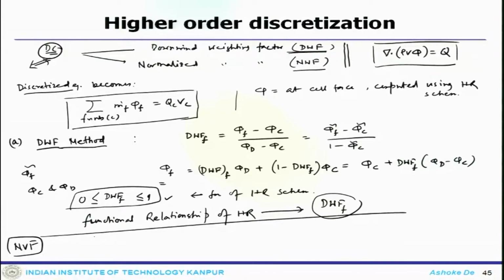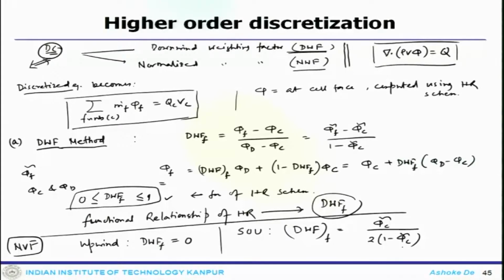Here, we first look at the upwind scheme. For the upwind scheme, the DWF factor would be 0. For the second order upwind scheme, the DWF factor would be represented as phi c tilde into 1 minus phi c tilde. Similarly, for CD, this DWF factor is half.